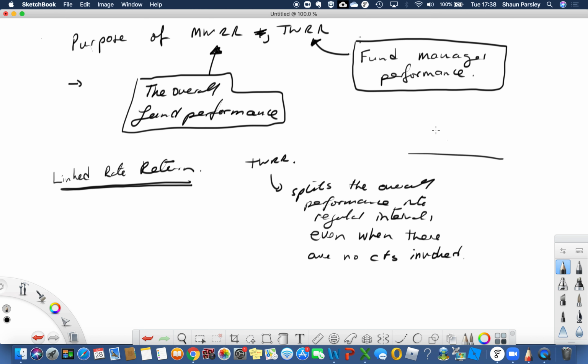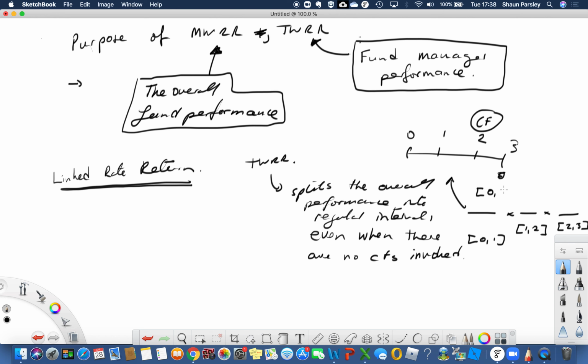Say you've got a period between 0 and 3, and you've got a cash flow at 2. This linked one will still do its ratios between 0 and 1, 1 and 2, and 2 and 3, whereas the time weighted would just do the intervals 0 to 2 and then 2 to 3.